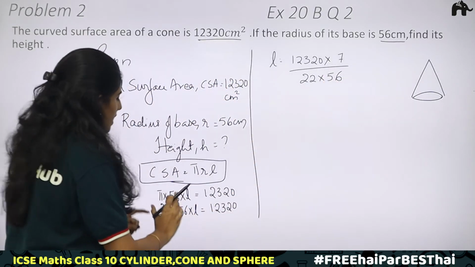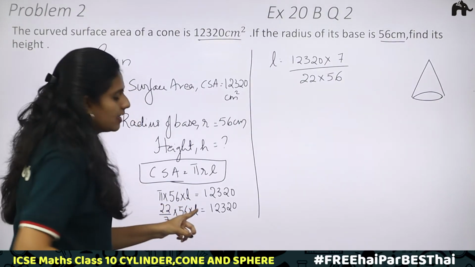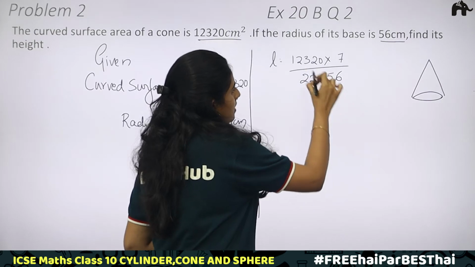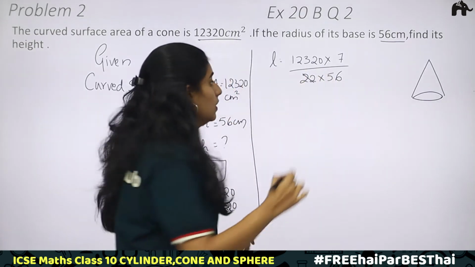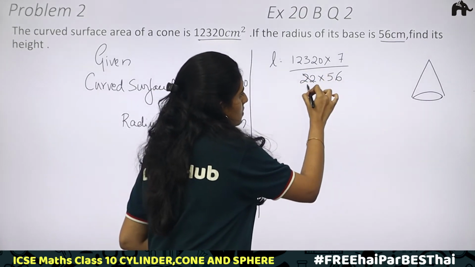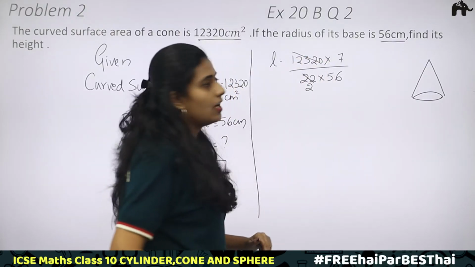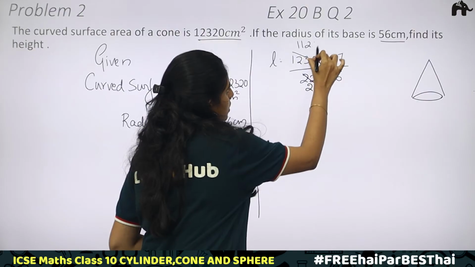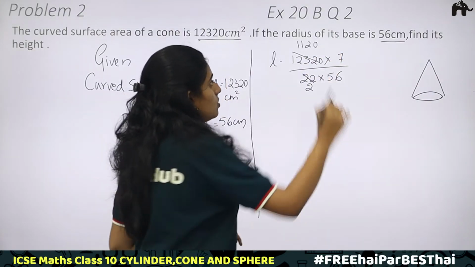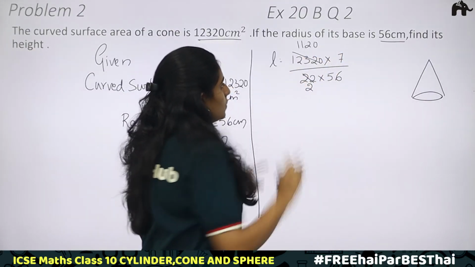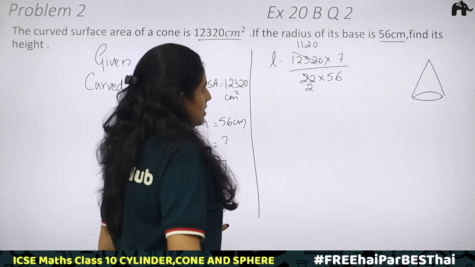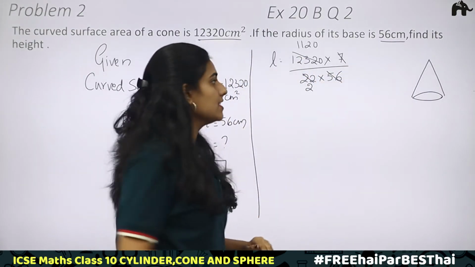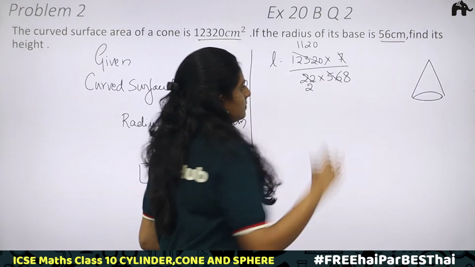Okay, just taking all the remaining parts excluding L to the right hand side. Here 22. 22 is 2 into 11. So 12,320 will be getting 1120. Okay, 11 into 1120 is 12,320. Now the 7 and 56 can be cancelled. 7 8s are 56.